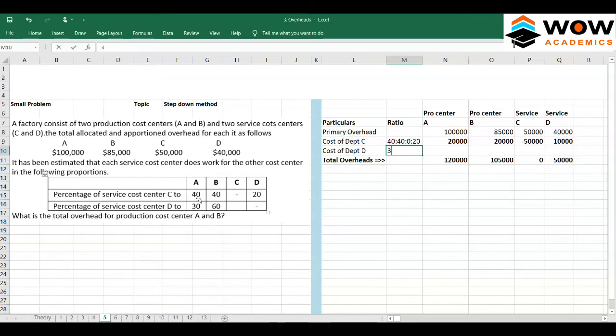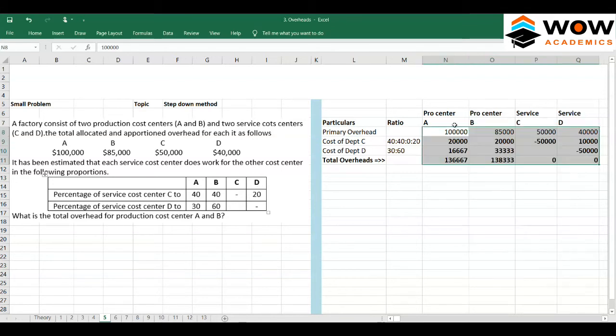This total 50,000 has to go out, so this has to become 0, and here the allocation would be 50,000 into 30 divided by 90. Here it would be 60. So we have allocated it here.